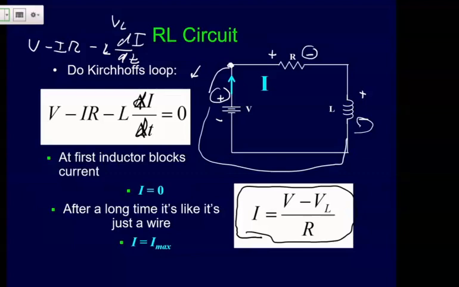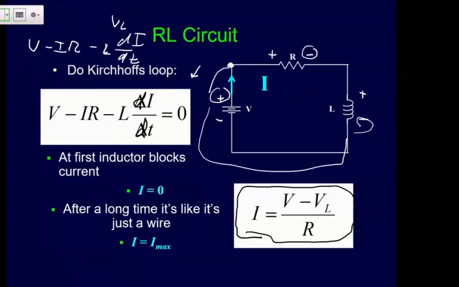So at initial time, what's going to happen here is your current's going to start out, and the inductor doesn't like any changes in current. So when the current starts out, the inductor is going to push against it and stop the current. That's how it works. So the inductor, if your current is increasing coming through, it's going to work against it to stop it.